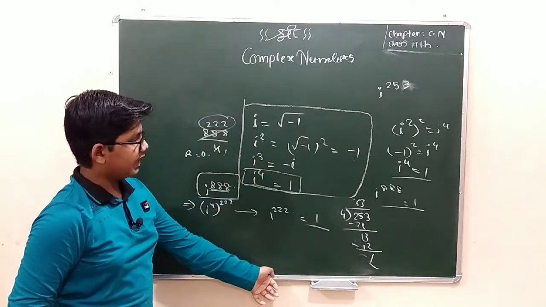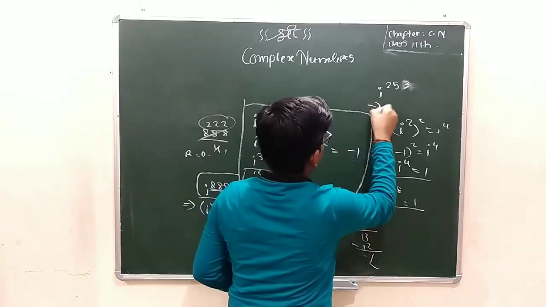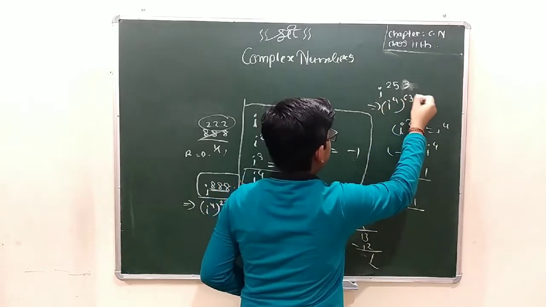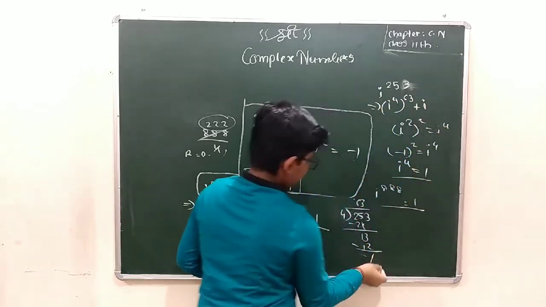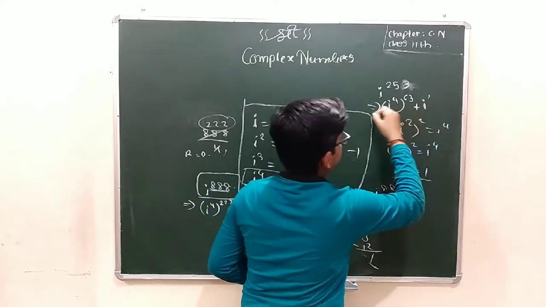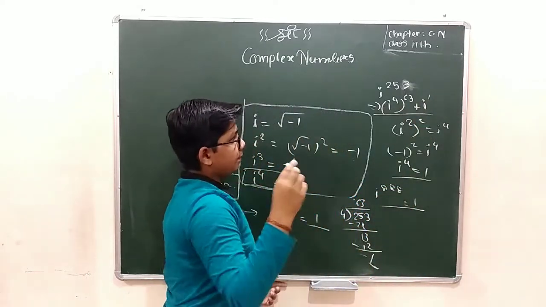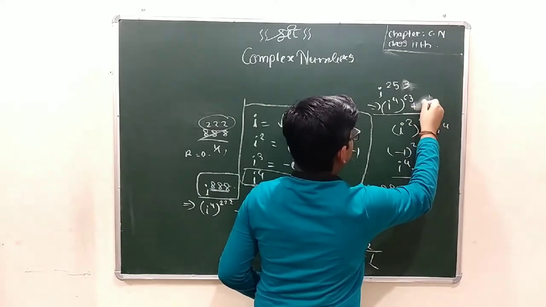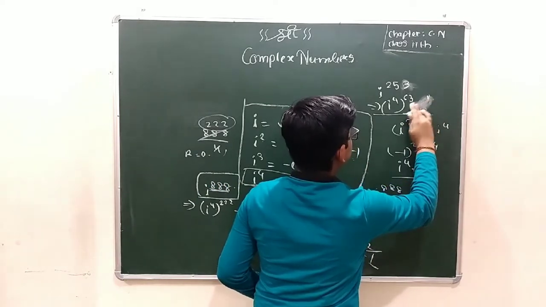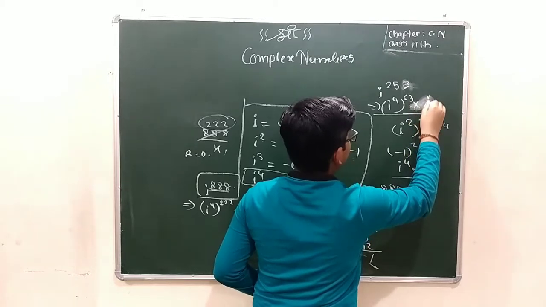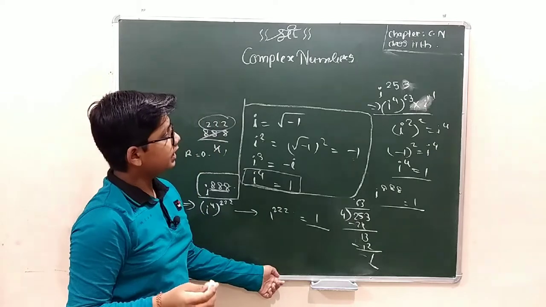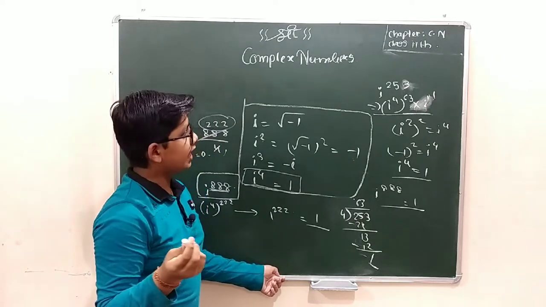So I can write it as i to the power 4 whole to the power 63 plus 1, that is, i to the power 4 raised to the power 63 into i to the power 1.